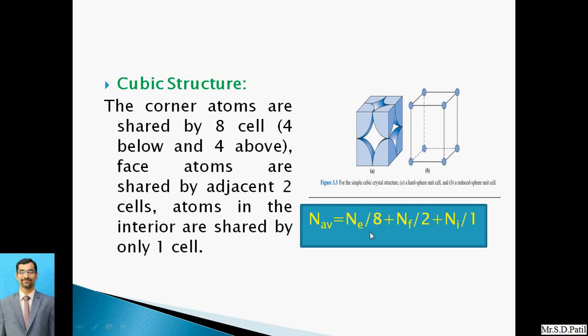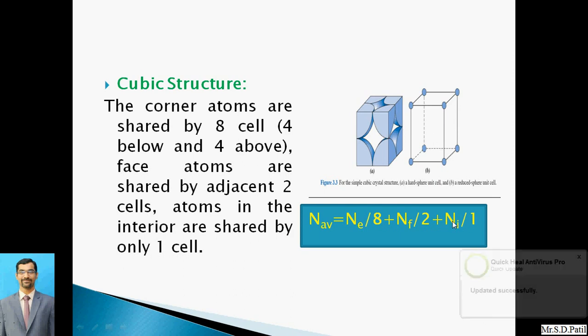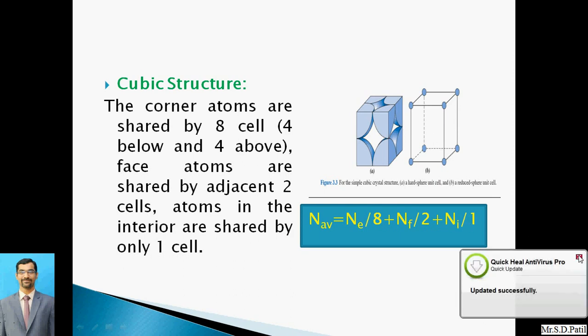Then N_F is the number of atoms at the face, which is shared by the two adjacent cells, so the 2 comes here.